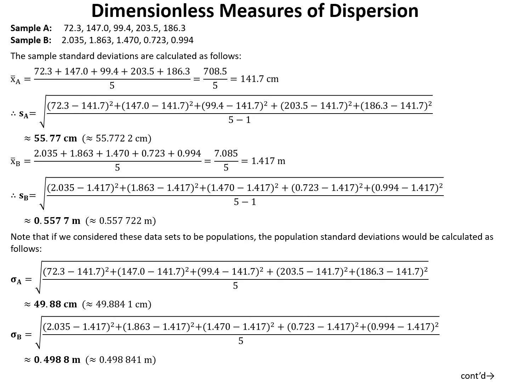And so we end up with, for sample A, SA equaling 55.77 centimeters. And for SB, we get 0.5577 meters.